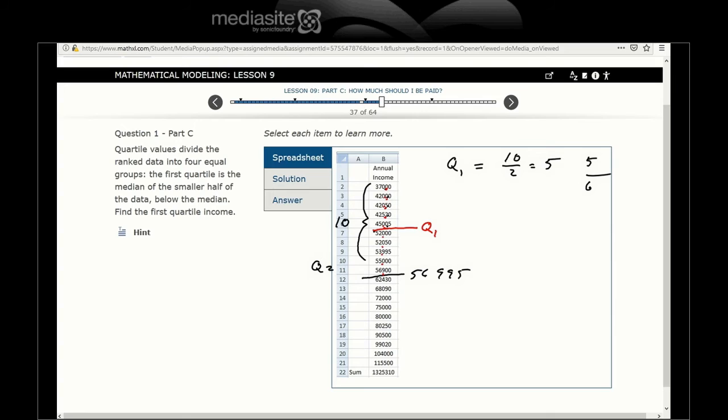So your quartile 1 should fall between there, because above it I have 5 and below it I have 5, or 5 lower numbers and 5 larger numbers.